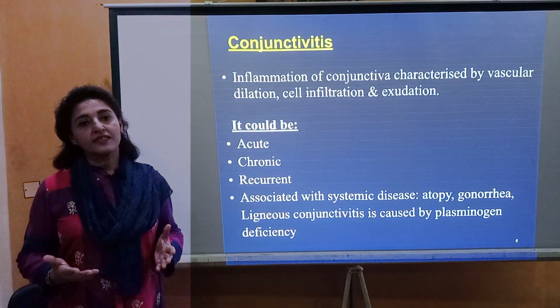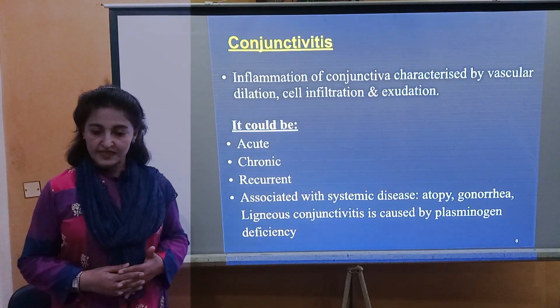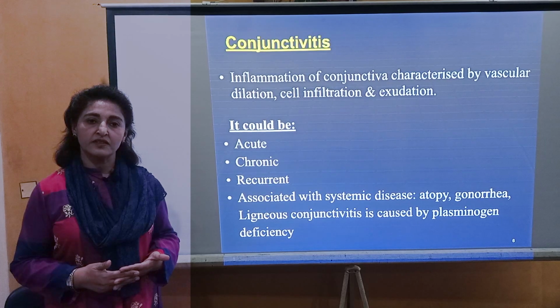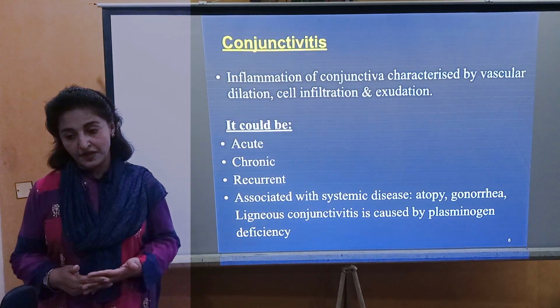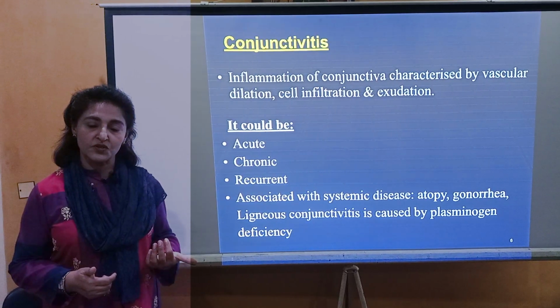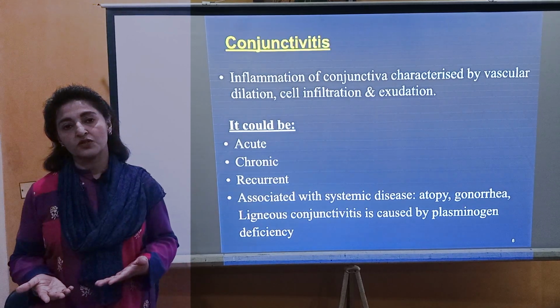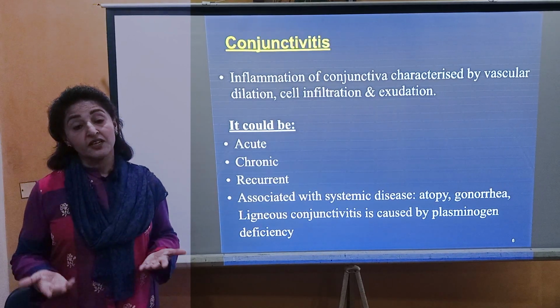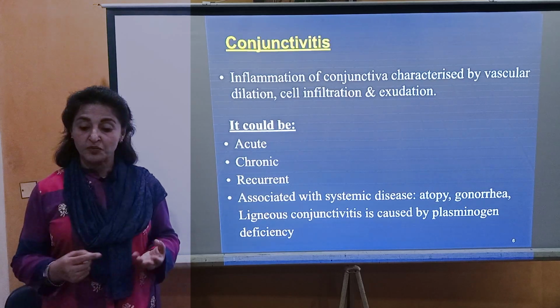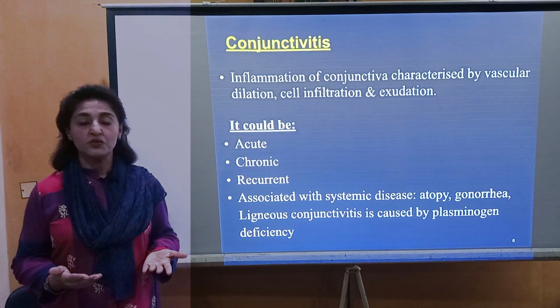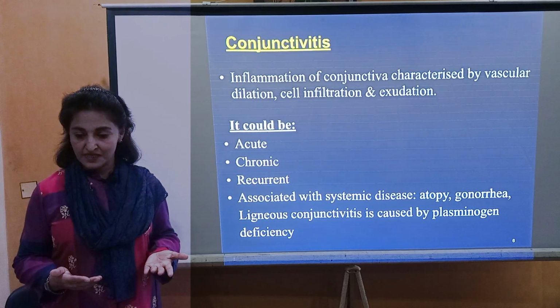So what is conjunctivitis? It is defined as an inflammation of the conjunctiva which is characterized by vascular dilatation, cell infiltration and exudation. And it could be acute, it could be chronic and recurrent, or it could be associated with systemic disease.